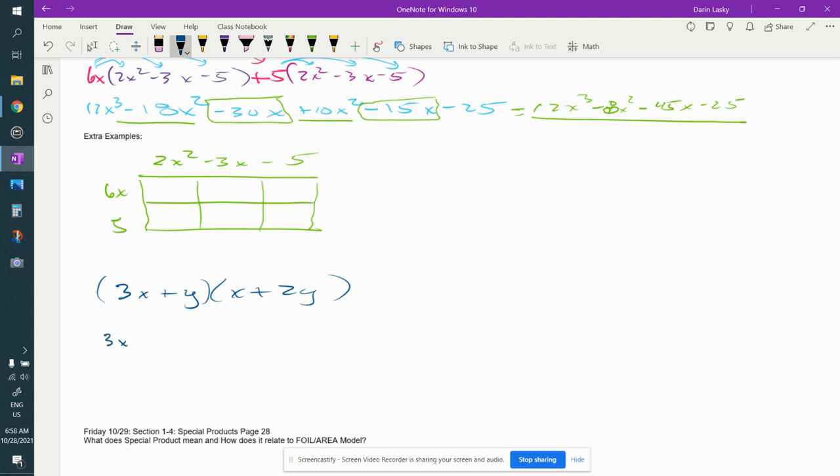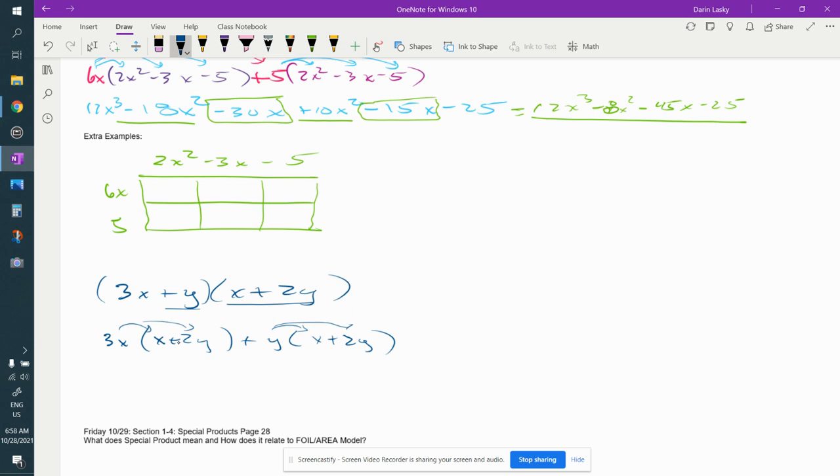So we're going to go 3x times this whole one on the end, which is x plus 2y. And then we're going to take this y right here, and I'm going to put it here, y. And then I'm going to multiply it by my second binomial, which is 2 right here. So now I've split the first one into two pieces, and I've taken the second binomial and put it here. And now I'm just going to distribute each piece again.